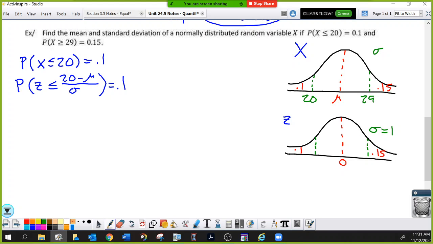So this z-score right here is x minus mean divided by sigma. This z-score over here, so if you want to call it like z1 and z2, is, what's the other one, 29? X minus mean divided by sigma. It's supposed to be 29, there we go. So we're going to find the two z-scores associated with those areas, okay?